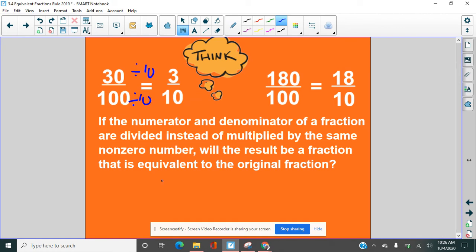So these are equivalent fractions. If you don't like looking at it like that, just flip it around and make it look like this. Then you can put multiplication in there, but you can divide the numerator and the denominator by the same number and get a different equivalent fraction.